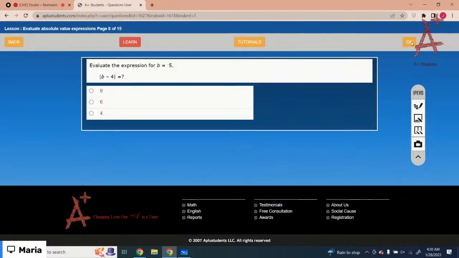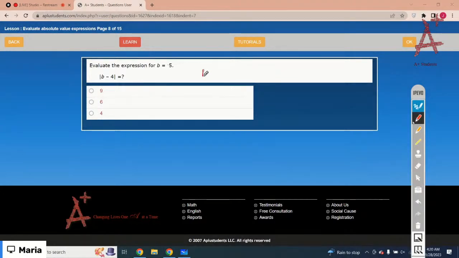Okay, the next one is evaluate the expression where b equals negative 5. So just replace the variable with the value. It will be negative 5 minus 4. Negative 5 and negative 4 is negative 9. So the absolute value of negative 9 is, absolute values are all positive values, so the absolute value of negative 9 is 9.